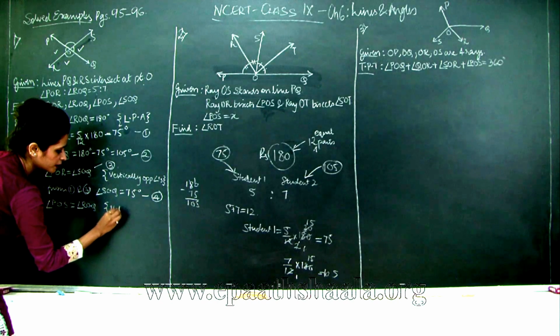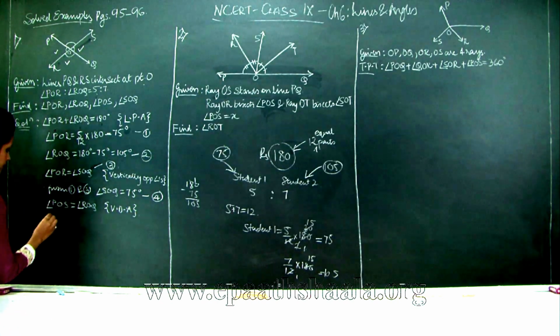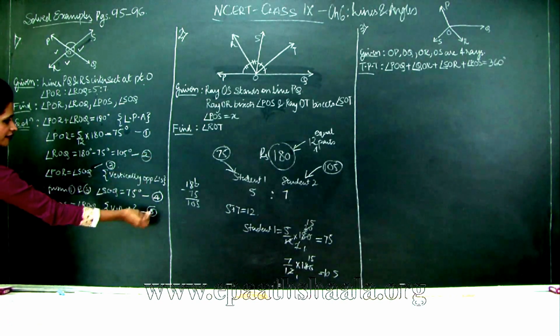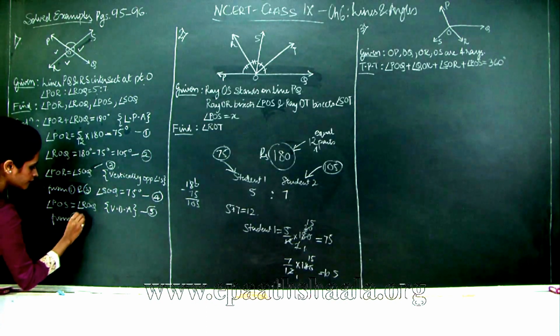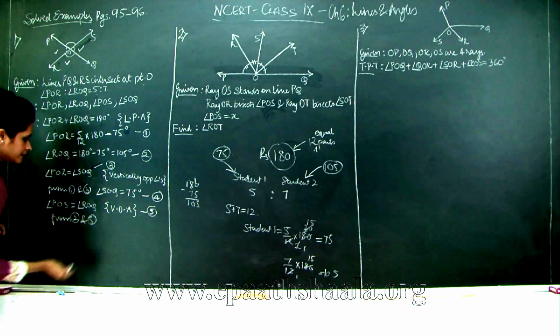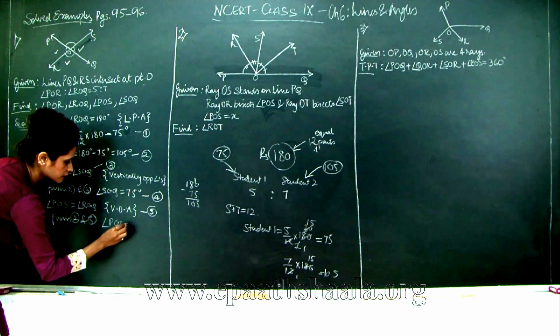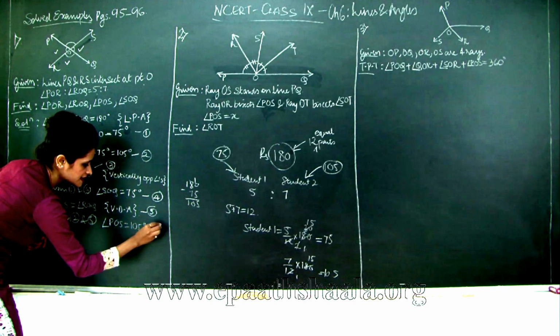I'm just writing VOA for vertically opposite angles, and I'll mark this as 5. Therefore, from 2 and 5, what do I have? Angle POS is equal to 105 degrees. I'll mark this as 6.